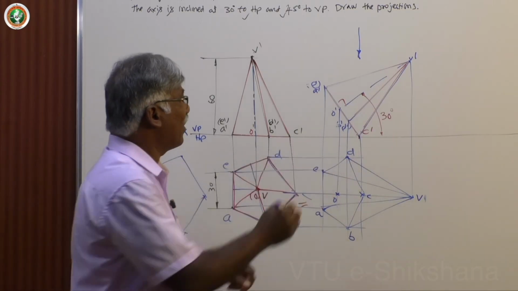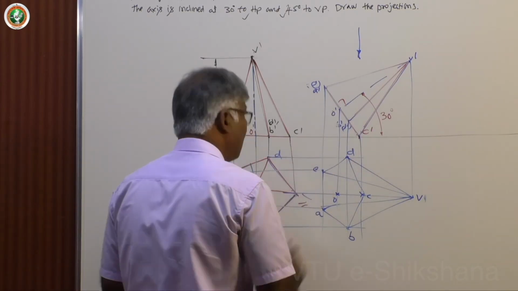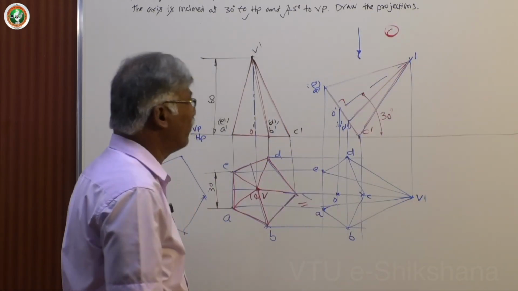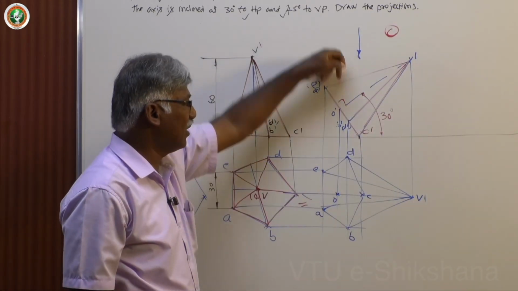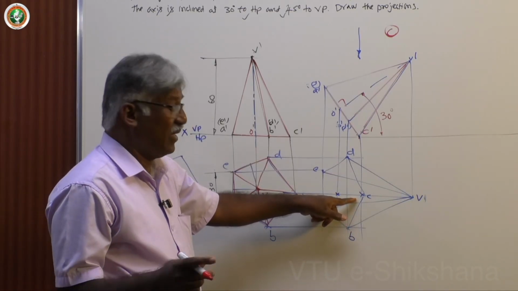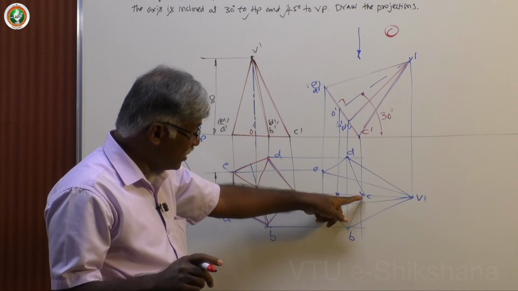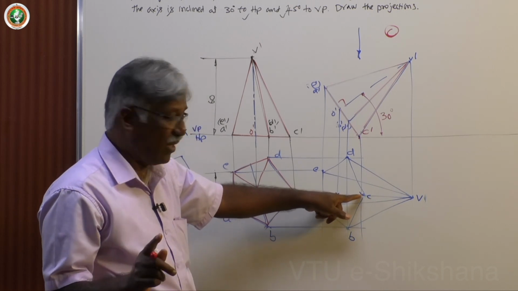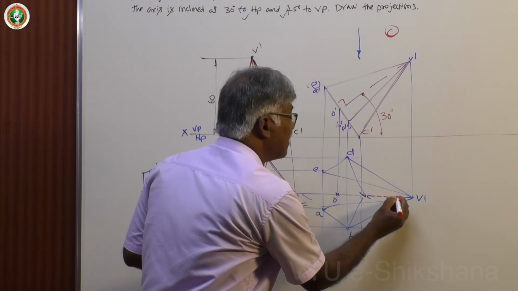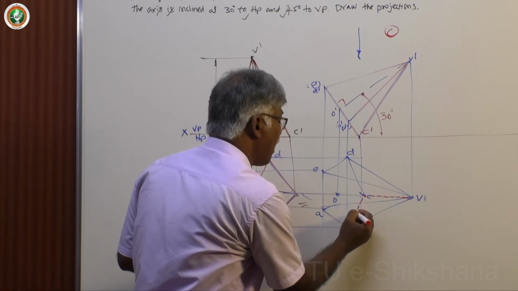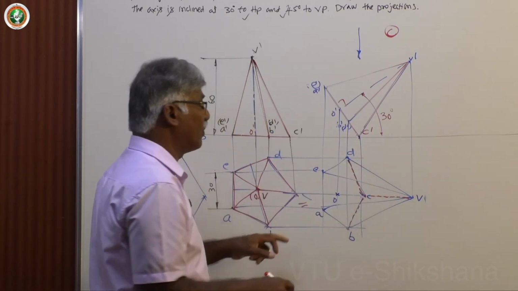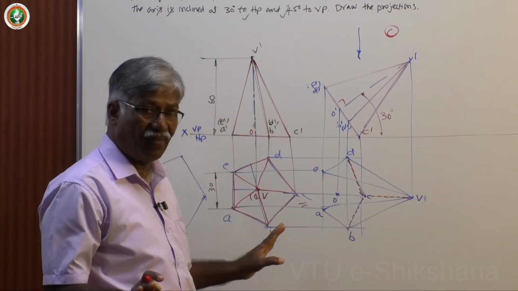Now, C is the farthest point for you. Base corner C is the farthest point from you. Here you are here. That is not visible. Any number of lines joining this particular point are not visible. So, C is not visible and these 3 lines joining this particular item, which is the farthest from you, are not visible, that is all.